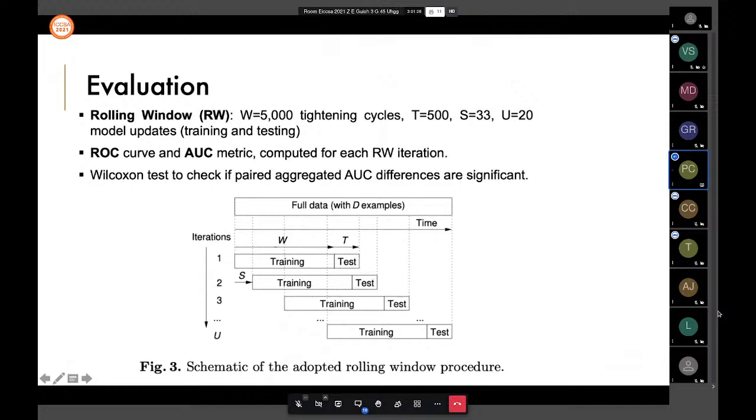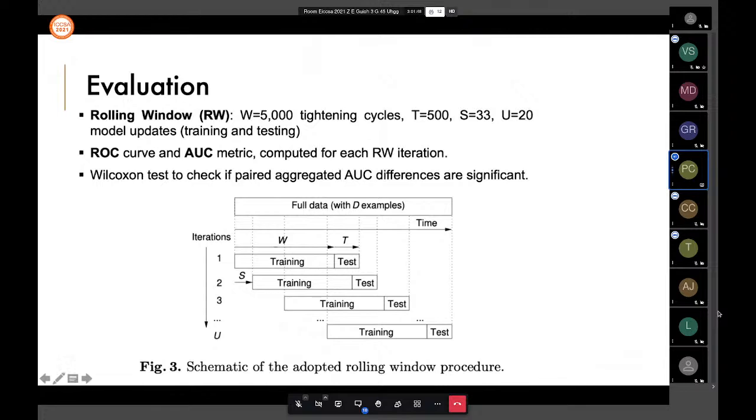In each execution, an amount of the oldest data is considered for training, which we signal here as W, and then we try to estimate the value of the learning model by testing it on unseen data.